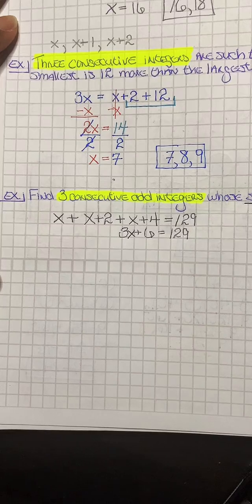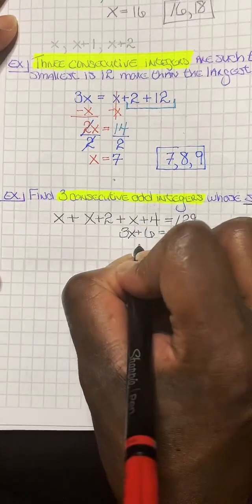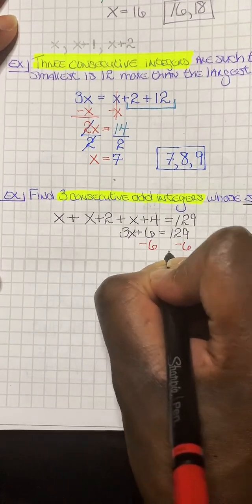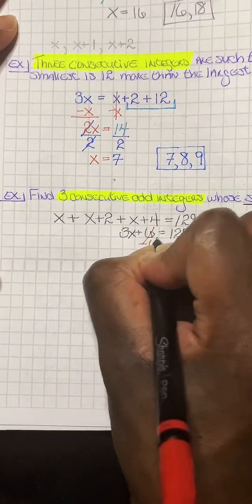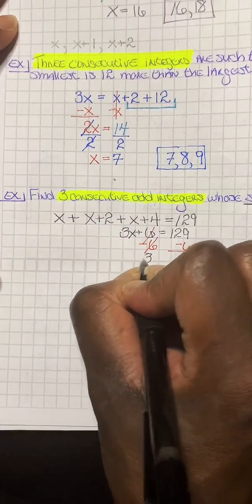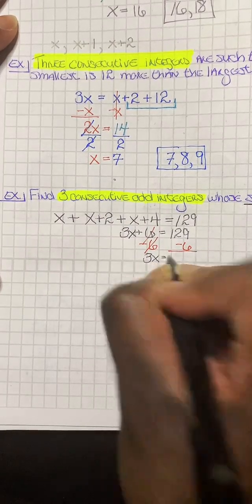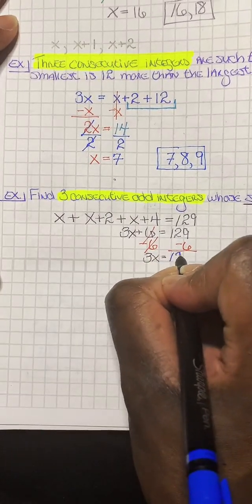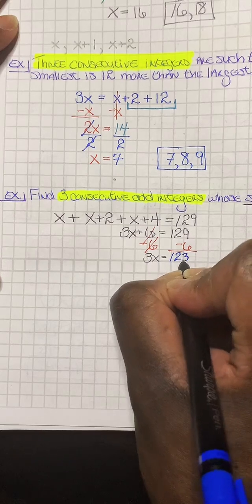So from here, I'm going to subtract that 6. Move that person out. So now we have 3x is equal to 123.